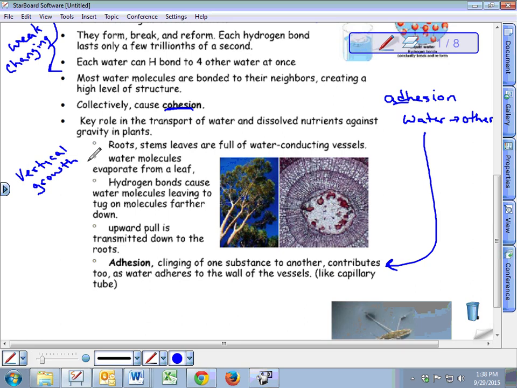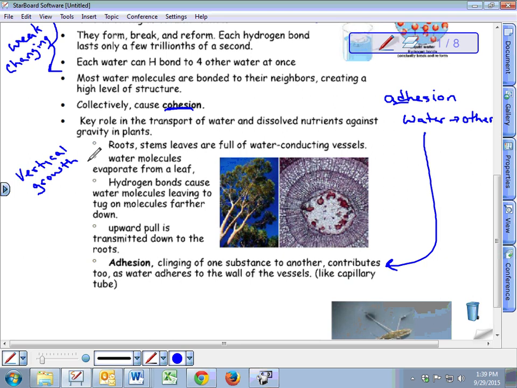And it says vertical growth. Trees and other plants called vascular plants that have basically veins in them were the first ones to make use of the fact that water could be sucked up through the veins of the tree, and by sucking some of the water up, it pulls on the water down below it.